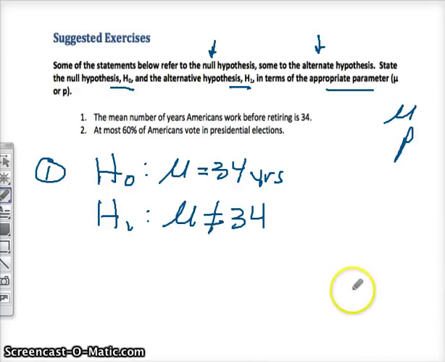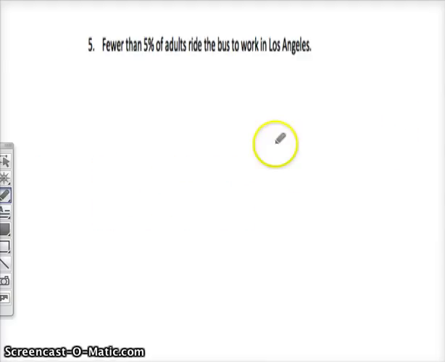Now, there are some nuances to this, and let me give you an example. All right, look at number 5. Fewer than 5% of adults ride the bus to work. Well, that is really an alternate hypothesis, okay? You could say that 5% of the adults ride the bus to work.